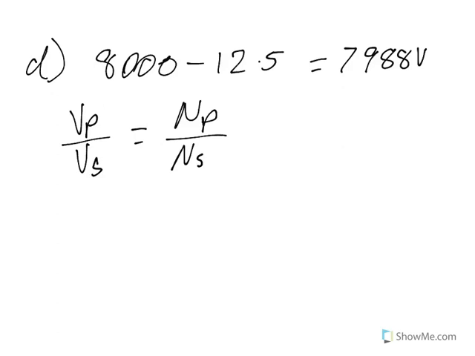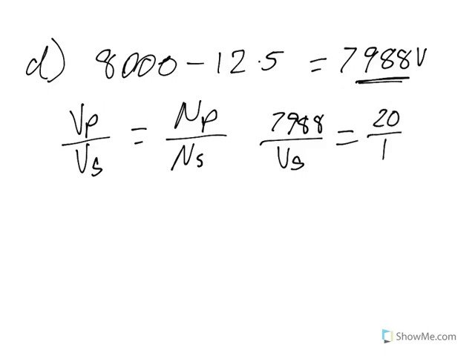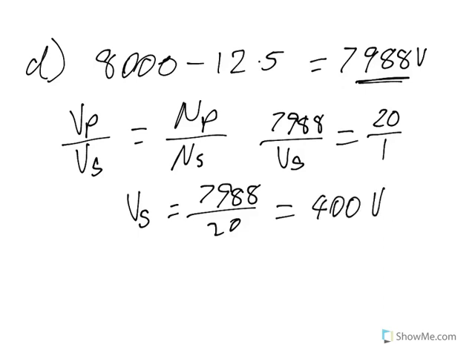The primary coil has 7,988 coming into it, and the voltage in the secondary is what we're after. Rearranging, the voltage in the secondary will be 7,988 divided by 20, which comes out to 400 volts when you round it up.